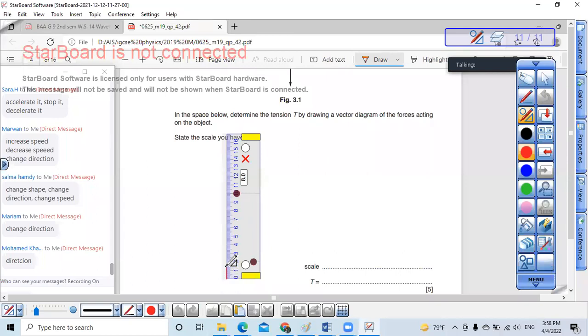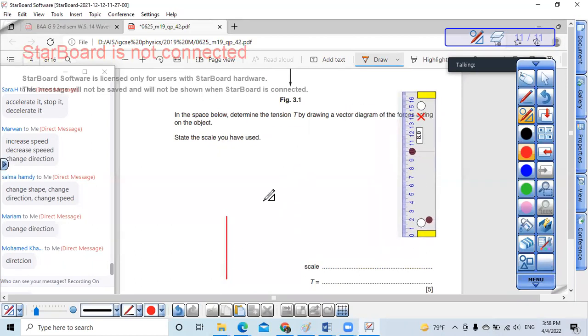So I will draw 3.6 times 2, which is 7.2 centimeter. This is our force, and it's acting downwards.